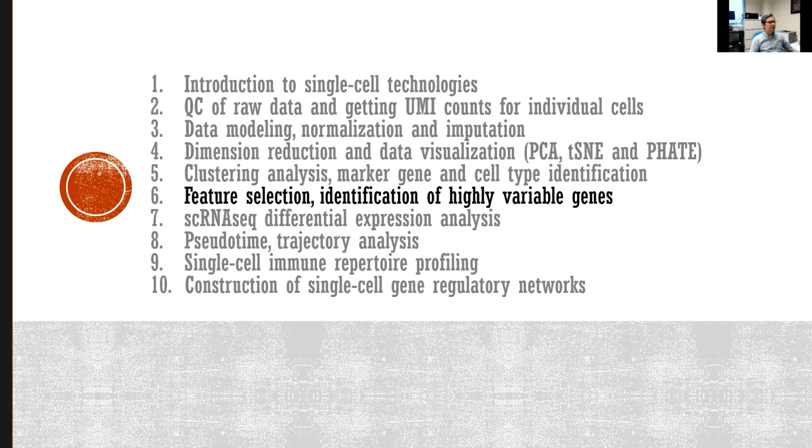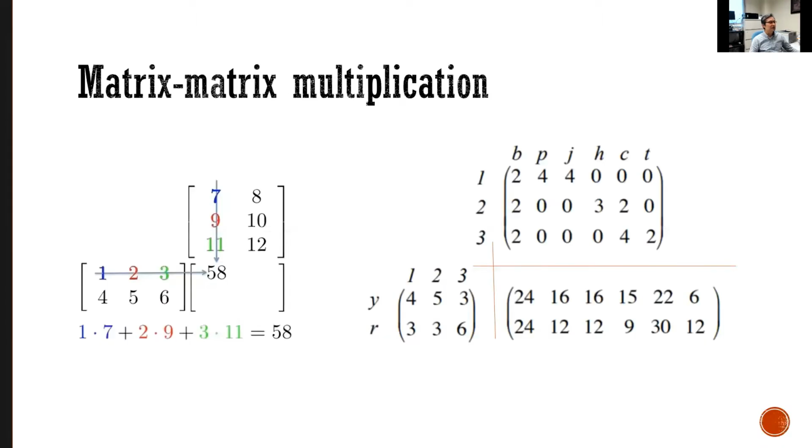But before we go to the concept of feature selection, I will continue a topic which we have some leftover from the last lecture. Last time we mentioned how to do the matrix multiplication operation. That's a definition.